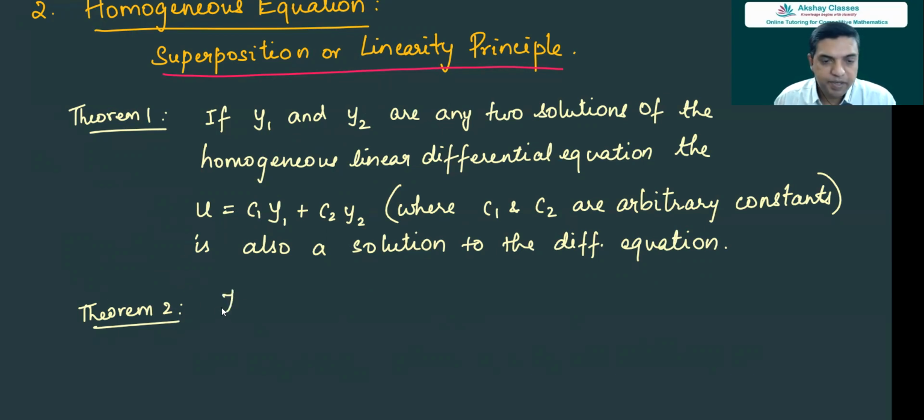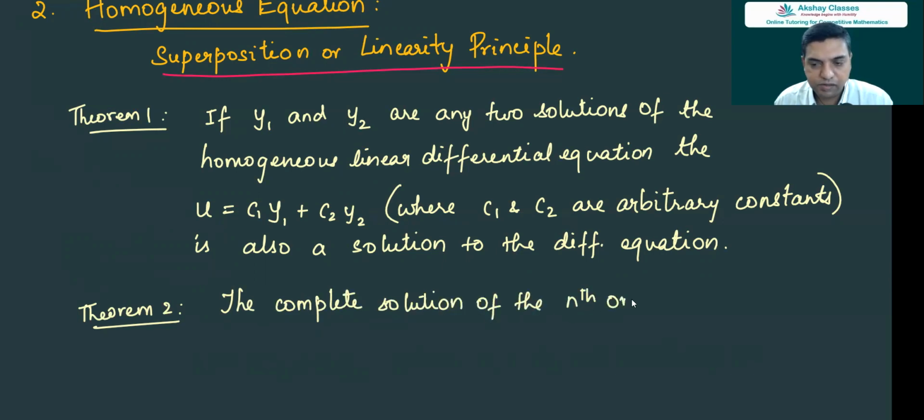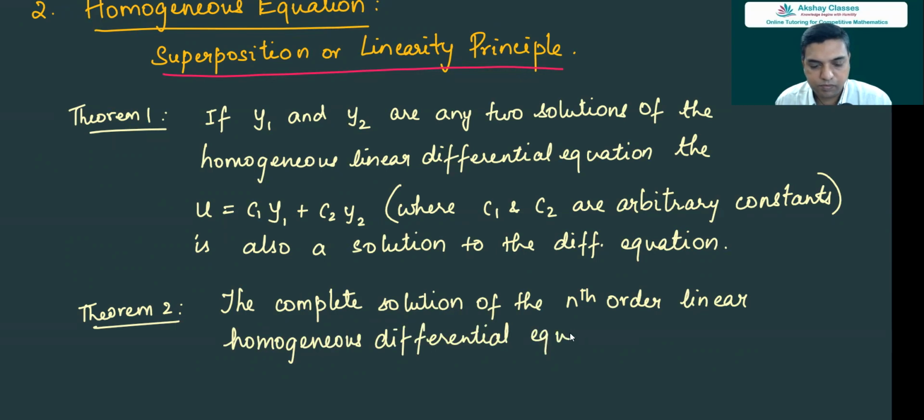Now next, the complete solution of the nth order linear homogeneous differential equation is u is equal to c1y1 plus c2y2 plus cnyn.